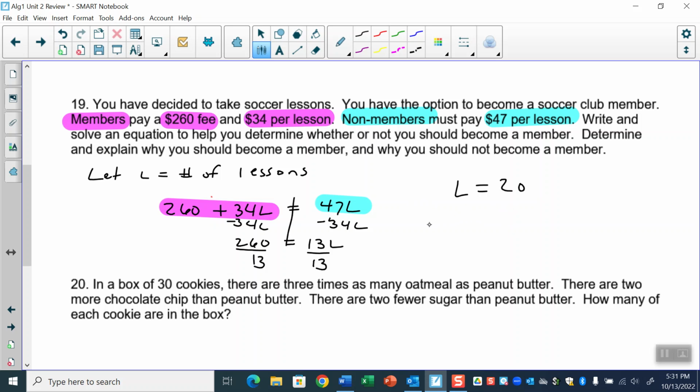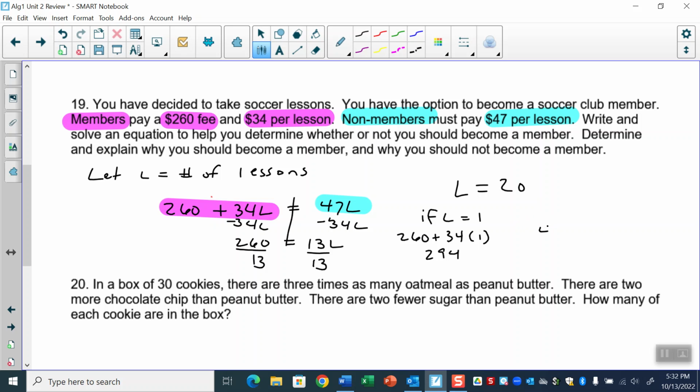All right. So if I take less than 20 lessons, if I'm taking just a couple lessons, I want to pay per lesson. Because if I take, for example, 1 lesson, if L equals 1, it would be 260 plus 34, times 1, and that would be $294.